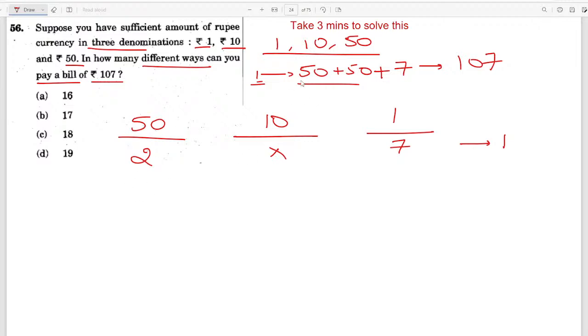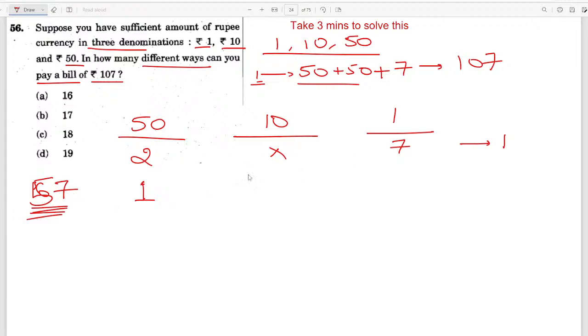And then when you use 1 50 rupee note, you have different ways of solving it. Now you are left with 57 rupees that you have to pay. You have to pay this 57 rupees in different ways. How many ways would there be?